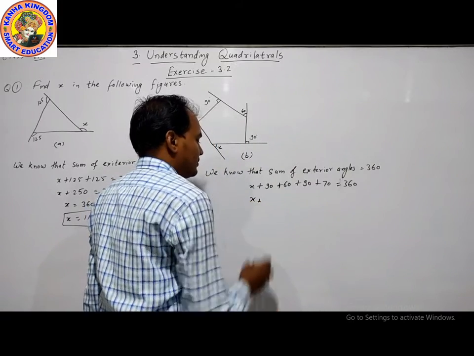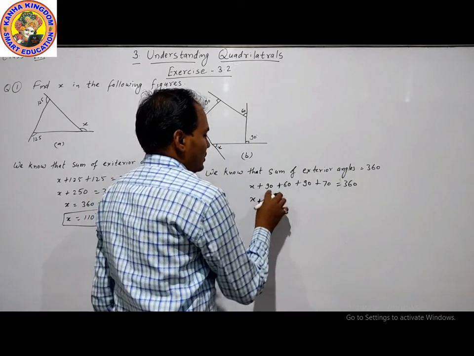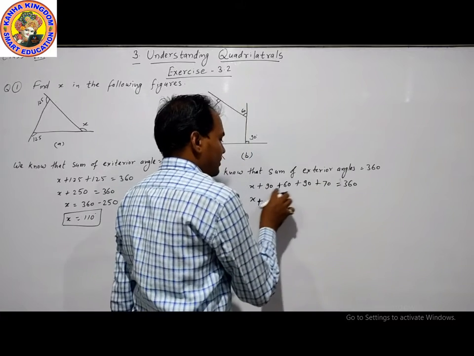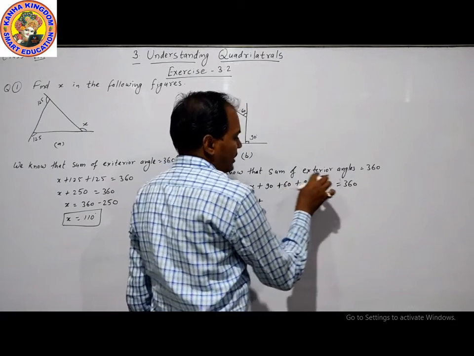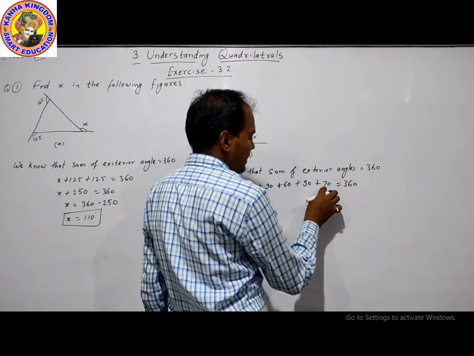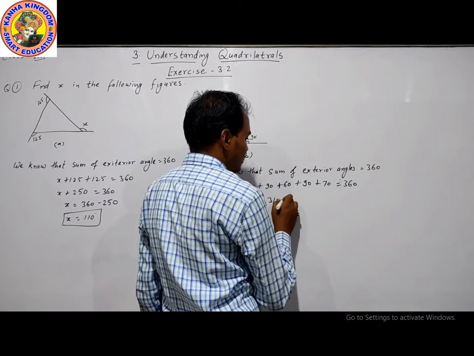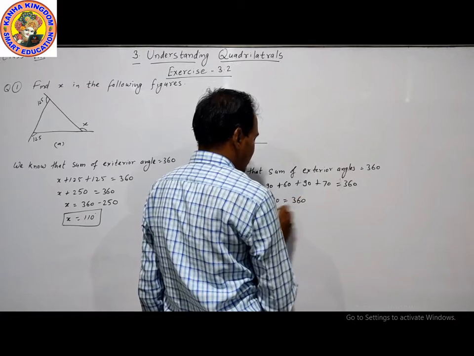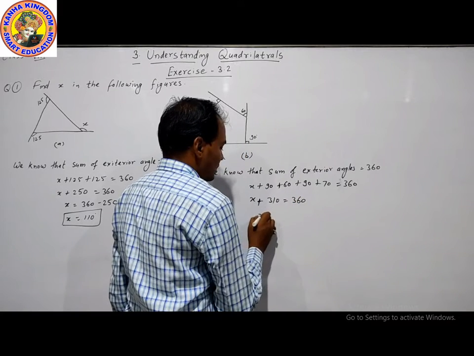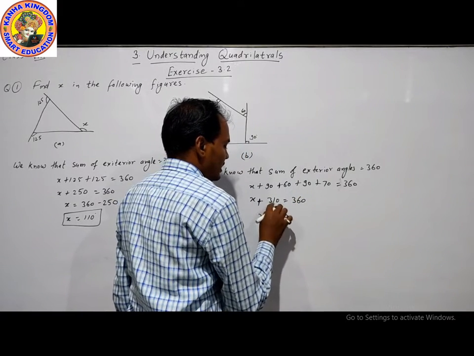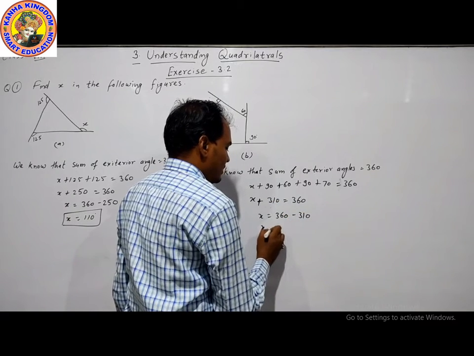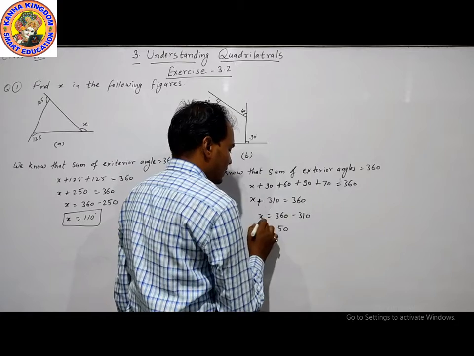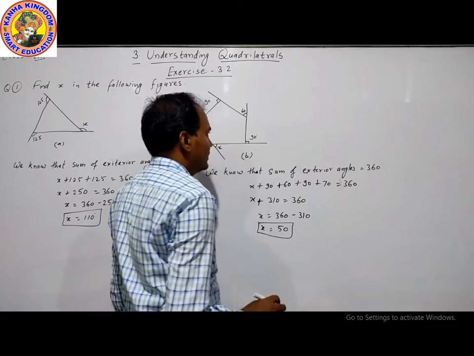X plus 90, 90 is 180, 180 plus 60 is 240, 240 plus 70 is 310. So x plus 310 is equal to 360. Now we transpose this, minus 310. The answer is 50. The x is 50.